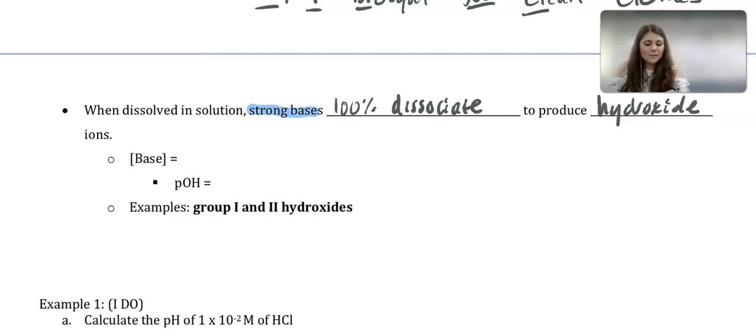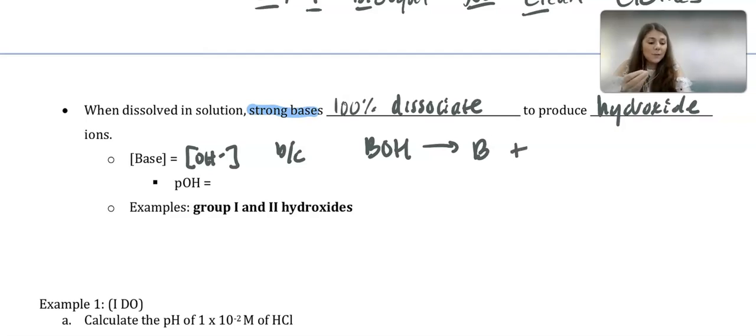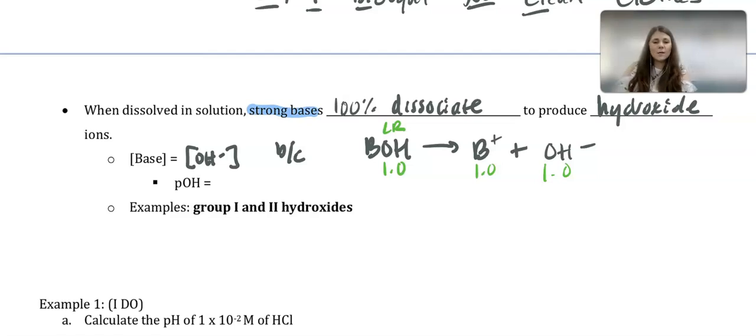So here our base concentration will equal the hydroxide concentration because we learned our base will break up into the B positive, the cation, and hydroxide. And here, this is a limiting reactant. So if this is 1 molar, this will be 1 molar, this will be 1 molar. Again, this is because it 100% dissociates.